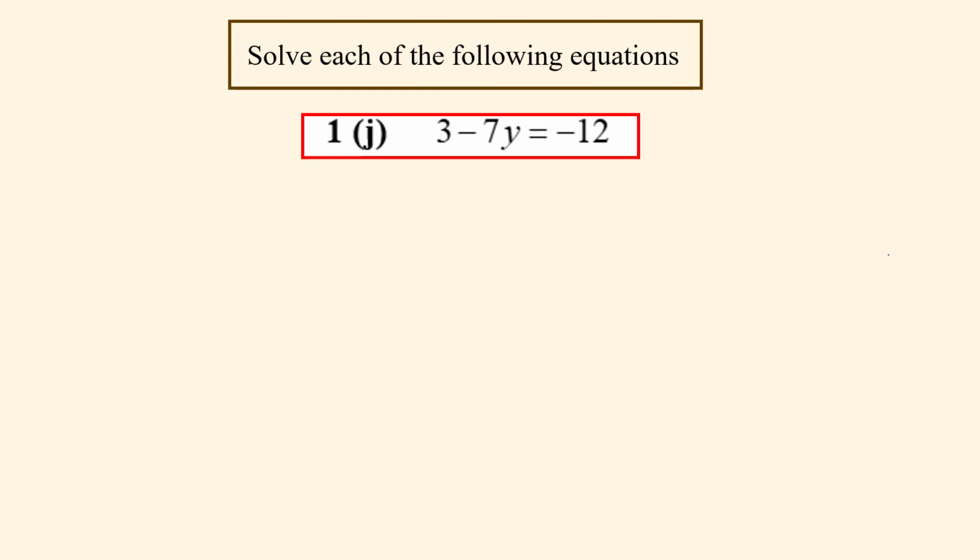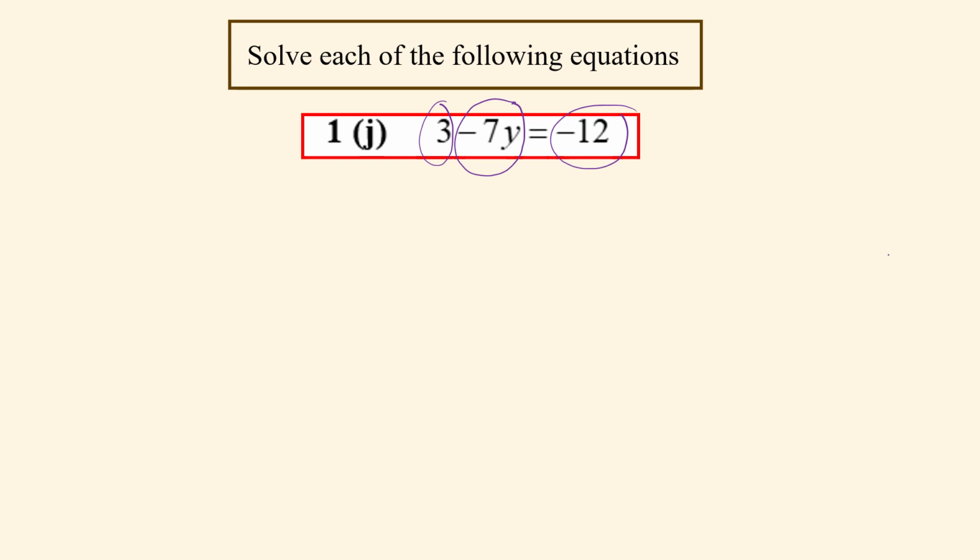Let's look at how many terms we have in this equation. We have 3, negative 7y. Look how I circle it. I don't just circle 7y, I circle negative 7y. The sign in front of 7y is important. The next term will be negative 12.